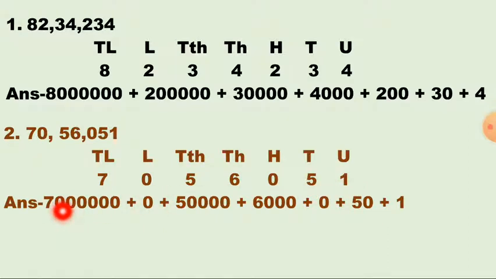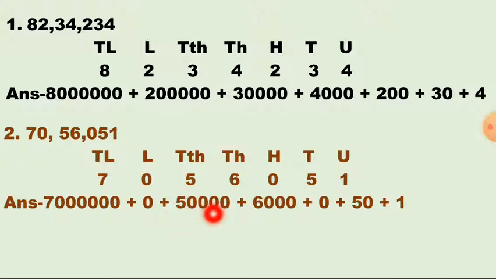So now 70 lakh. At 10 lakh place 7 is there, so we will write the expanded form as 70 lakh. As I told you students, however many place values are left, that many zeros will come along with 7, so it will become 70 lakh. Plus, now at lakh place there is no number, so you will write 0. Plus 50,000.